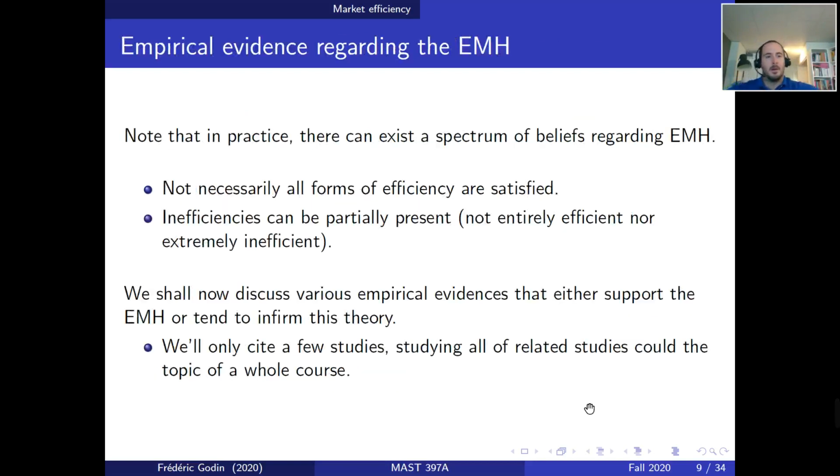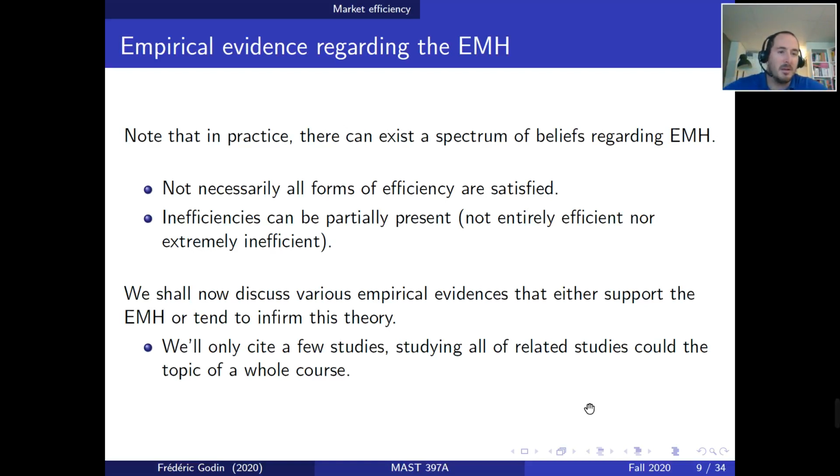Now we've outlined the three forms of the efficient market hypothesis, but in practice these are not binaries. It's not either respected or not respected. In practice, first, not all forms of efficiency might be satisfied at the same time.